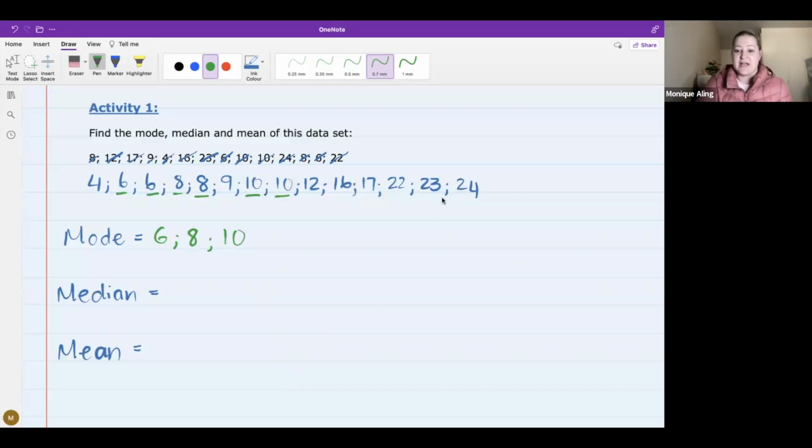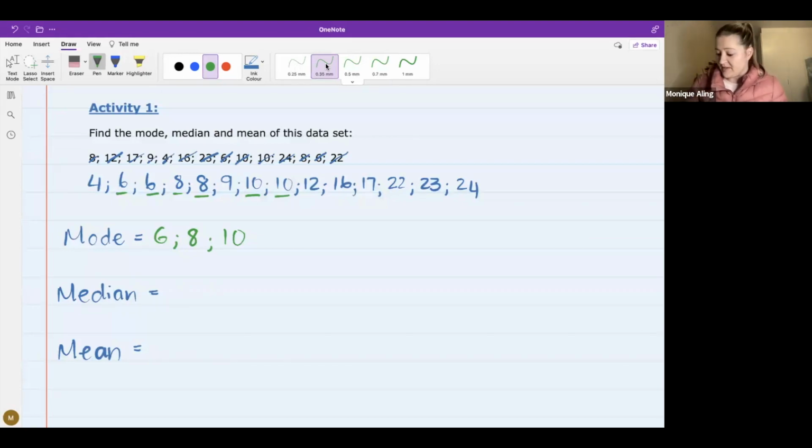Okay, yes, well done. Then median, what is our middle number? Is it an even number?